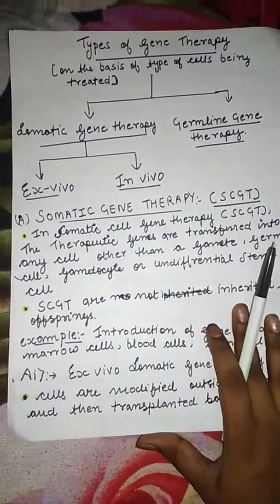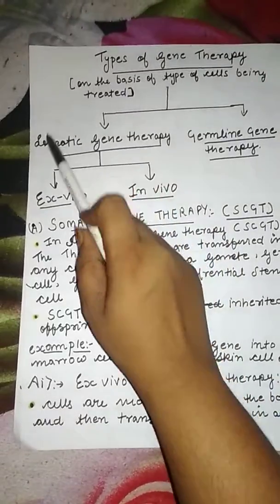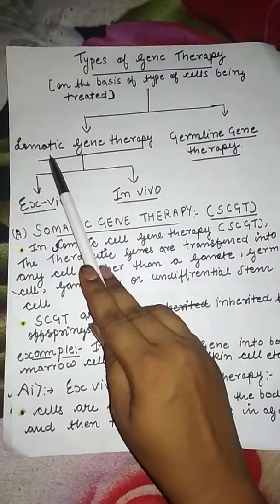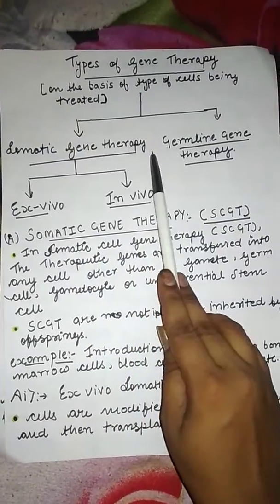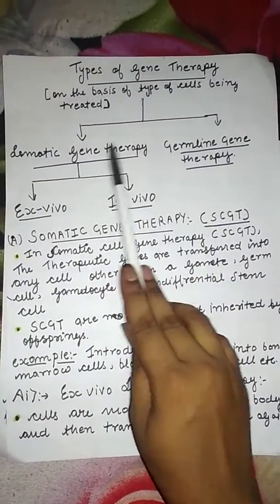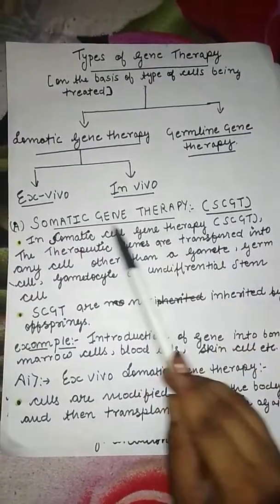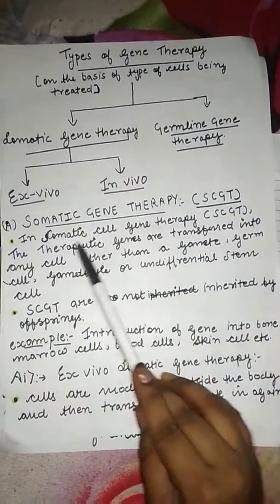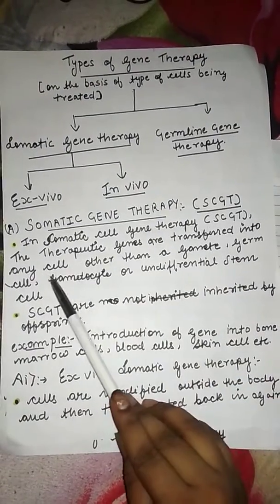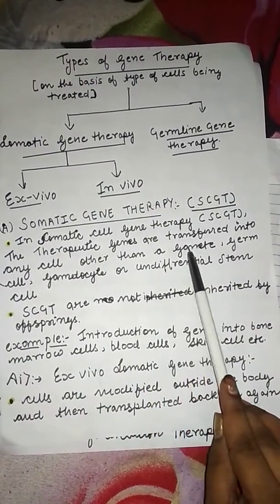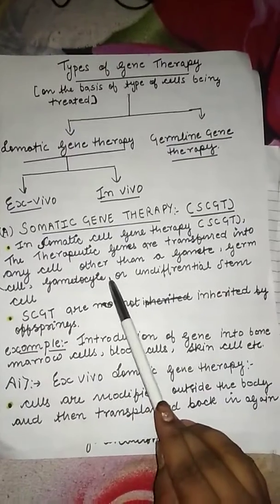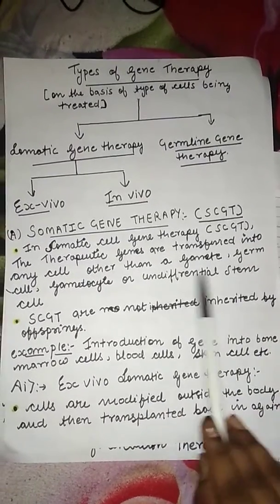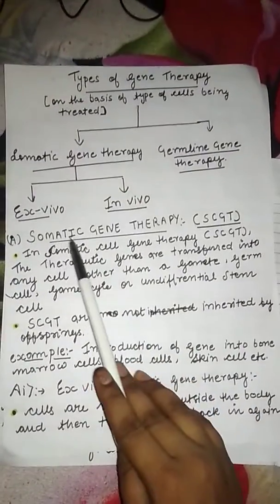Let's see what somatic gene therapy is. A somatic cell is any cell other than a germ cell. In somatic cell gene therapy, the therapeutic gene is transferred into any cell other than a gamete, germ cell, gametocyte or undifferentiated stem cell.